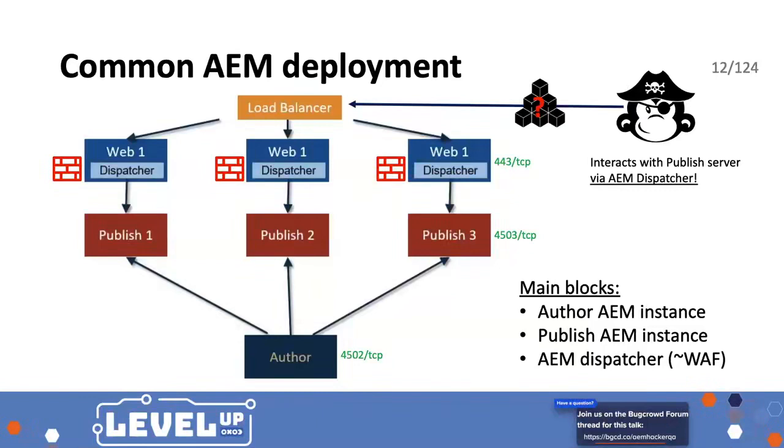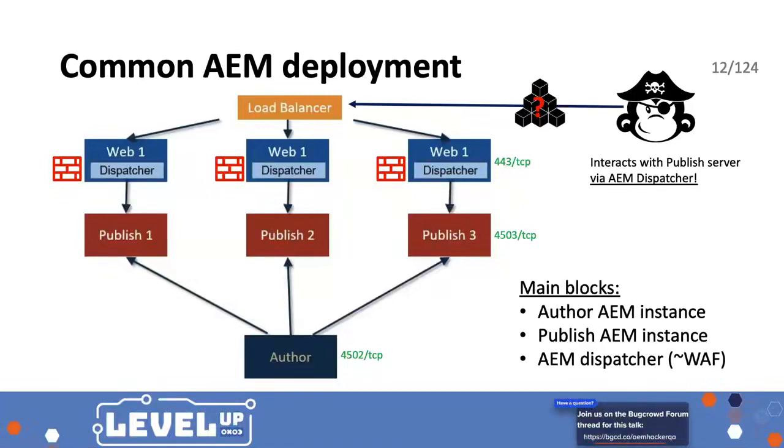AEM dispatcher acts as a reverse proxy. There can be additional components that sit between the user and the AEM dispatcher, for example, various web application firewalls or CDNs like Akamai or Cloudflare. AEM could be deployed on premises or in the cloud, for example, in AWS.